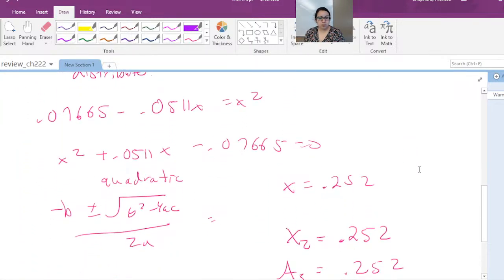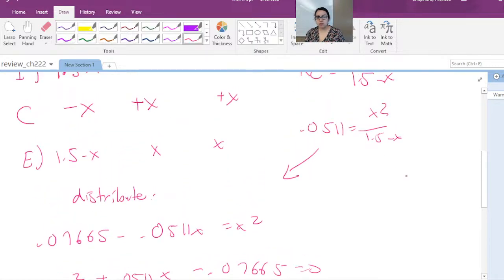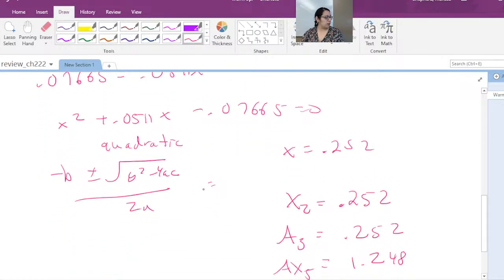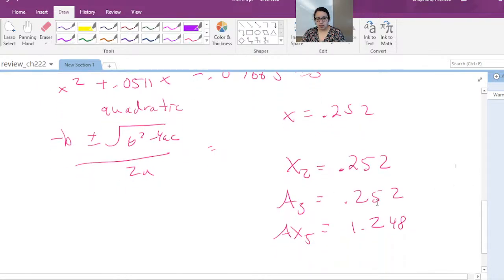Thank you, Trenton, for walking us through the math. So just distribute everything, multiply across, and then quadratic, which you could plug into the calculator if you needed help. And then, of course, solving for equilibrium.